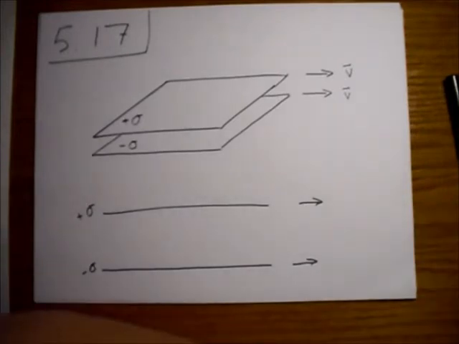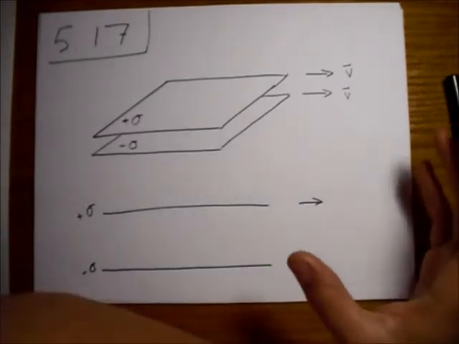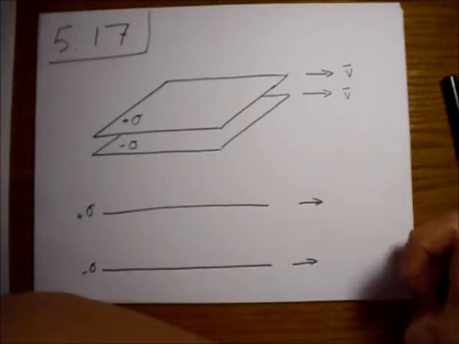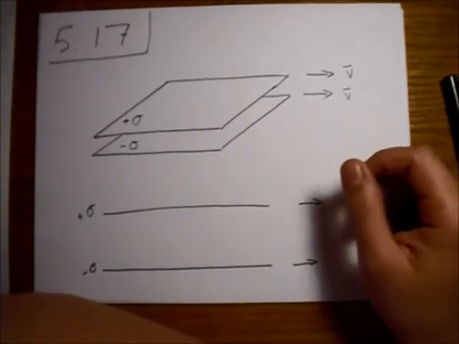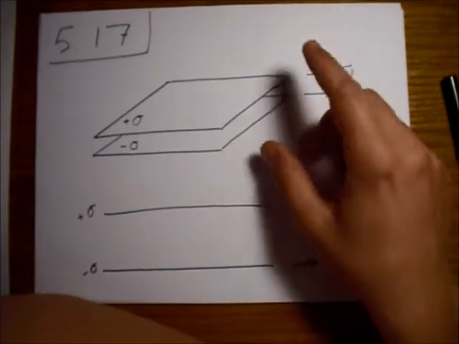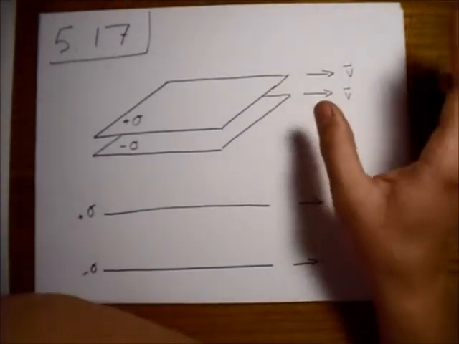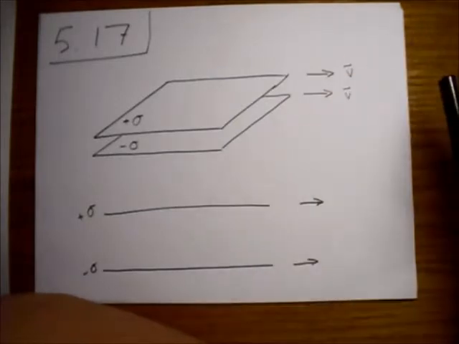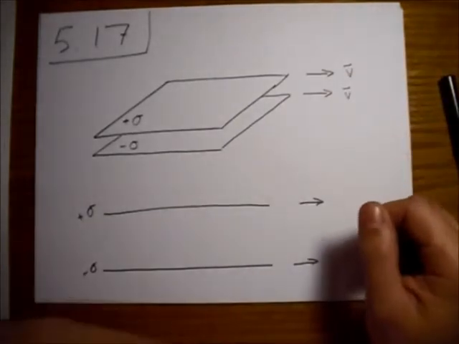What we need to do here is find the magnetic field that results from this, and also we're interested in the magnetic forces between the two and the electric forces, or force per unit area between the two.